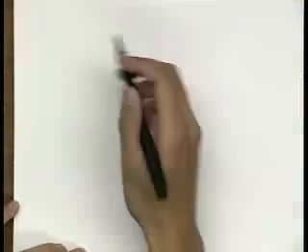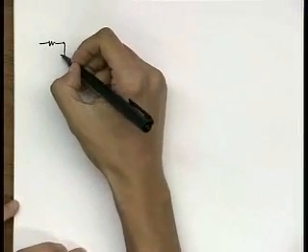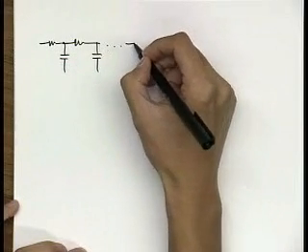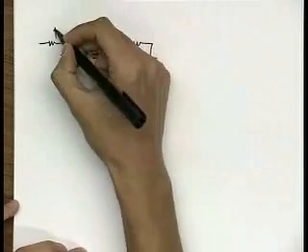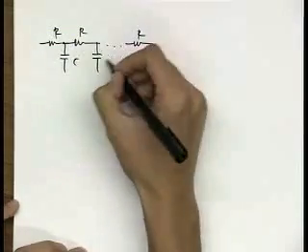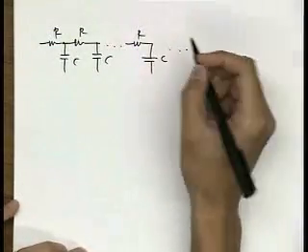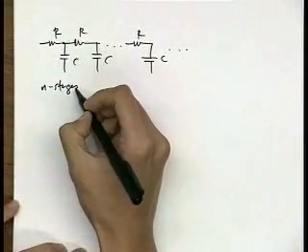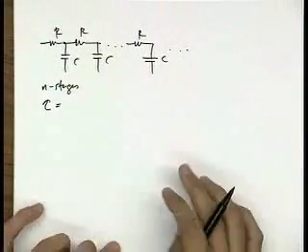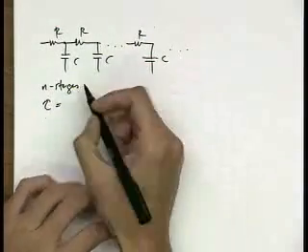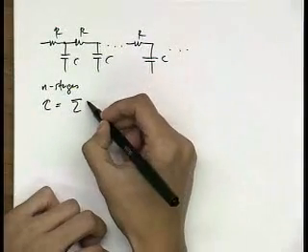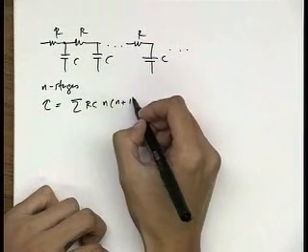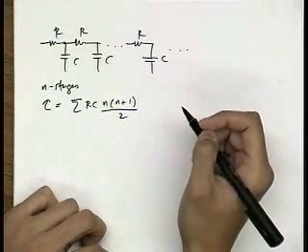So if you have RC, let's say you have n stages, what's my time constant for this one? It's just a sum, RC times (n plus 1) over 2.